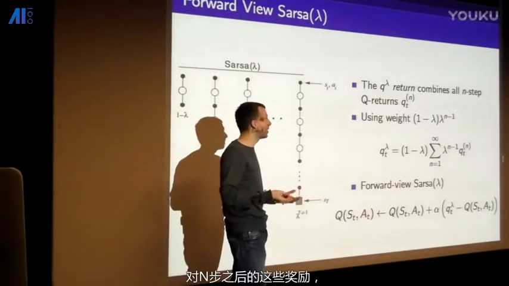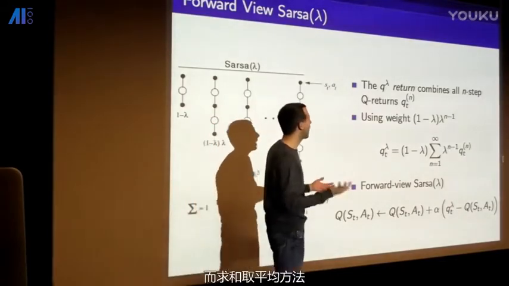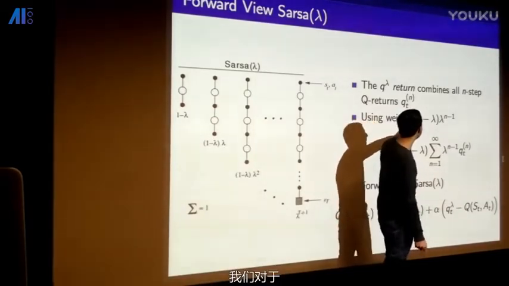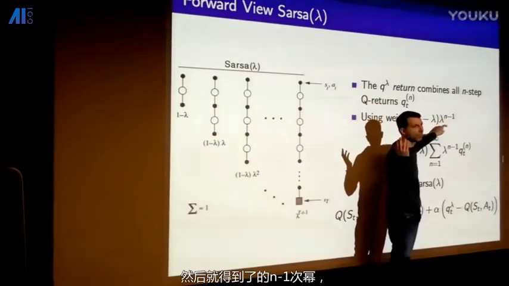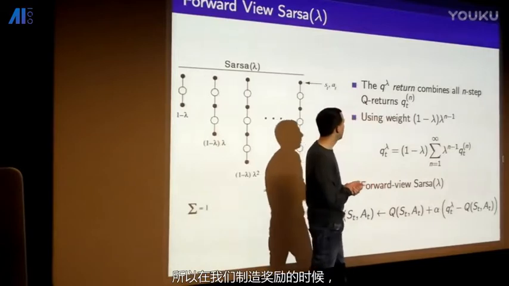The main idea is to make this average return. We had these n-step returns, and now we're going to average over all n. We do that by defining this weighting, just like over here: we weight each n-step return by a factor of lambda to the n minus 1, with the normalizing factor there.